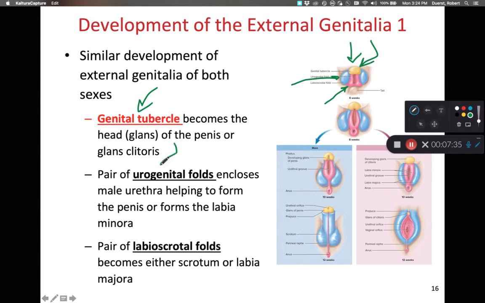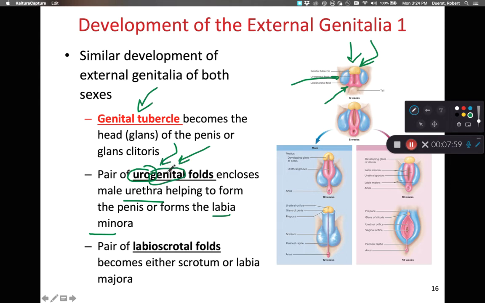When we look at urogenital folds, this is a great name. The urogenital folds within the male developmental pathway is going to enclose the urethra, hence the term uro. And within the female developmental pathway, the urogenital fold is going to form the labia minora, part of the external genitalia.